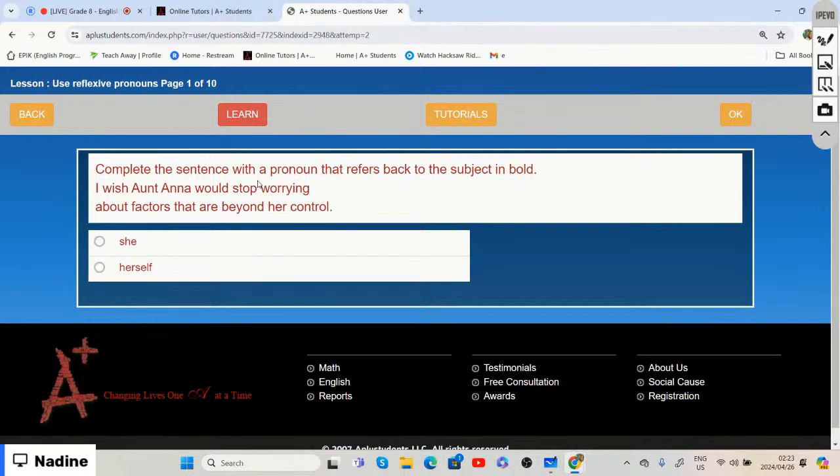Do we say, I wish Aunt Anna would stop worrying she, or stop worrying herself about factors that are beyond her control? So is it she or herself?